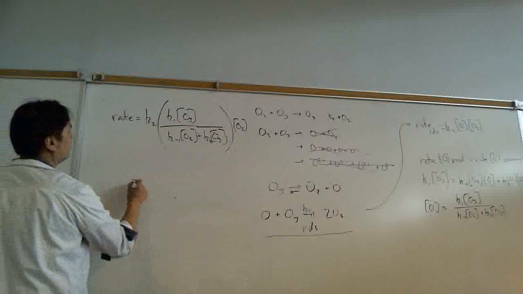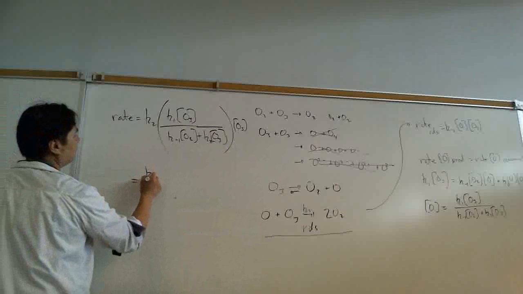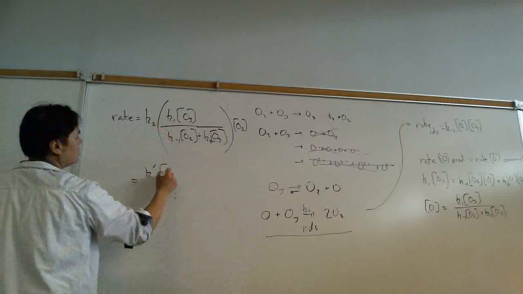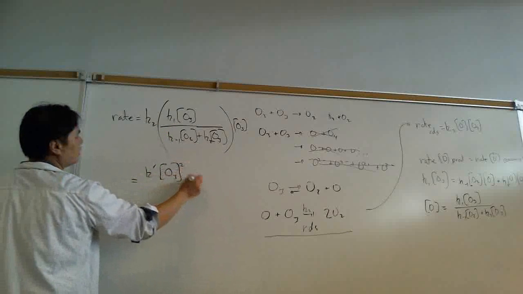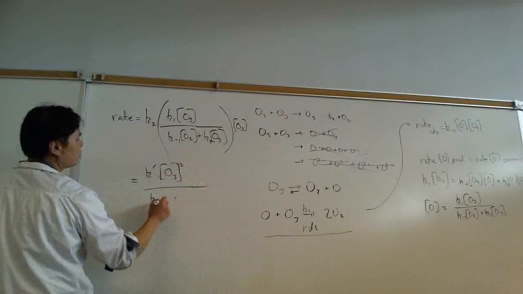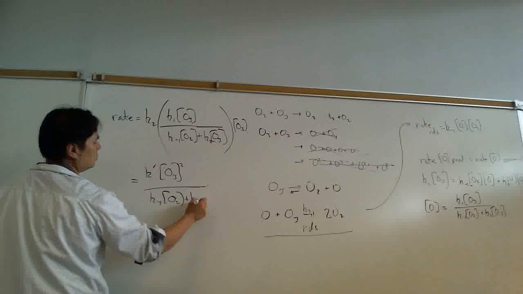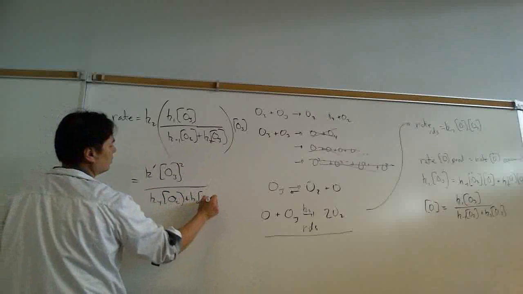So this is going to equal, we'll just call it K prime, which will be K2 times K1 times O3 squared over K minus 1 O2 plus K2 O3.